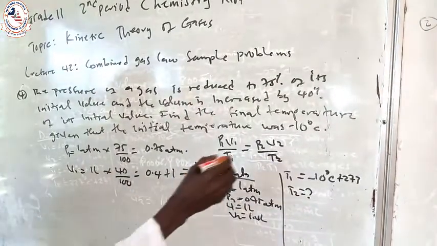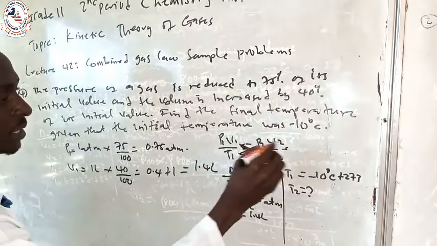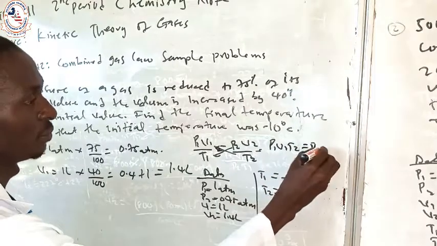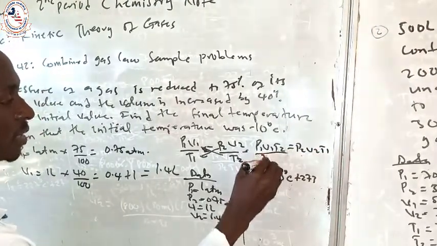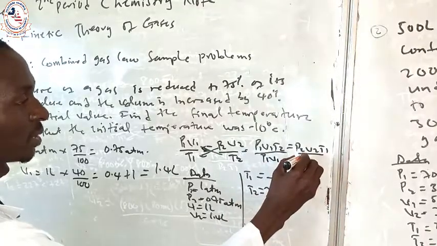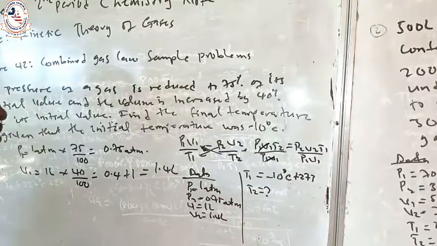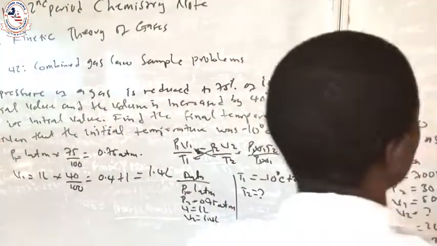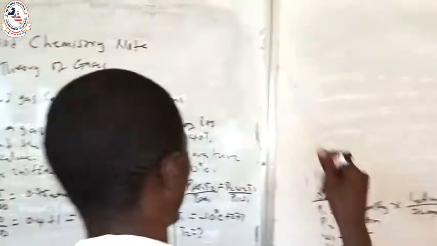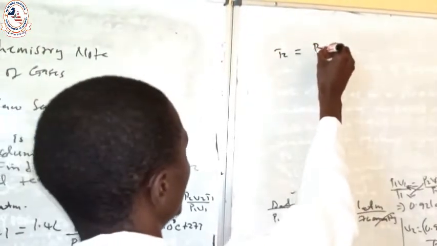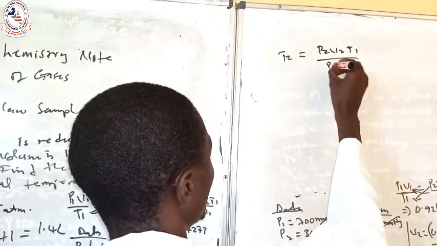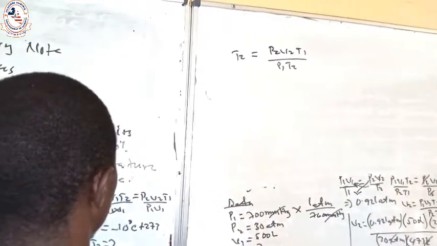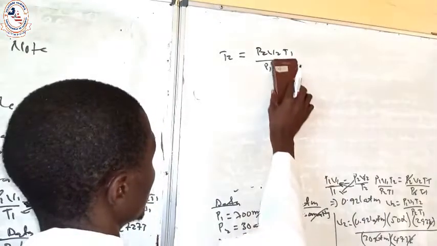Since we are interested in T2, we cross multiply. Here we'll have P1 V1 T2 equal to P2 V2 T1. So we divide both sides by P1 V1. So our formula for our calculation will be T2 is equal to P2 V2 T1 over P1 V1.